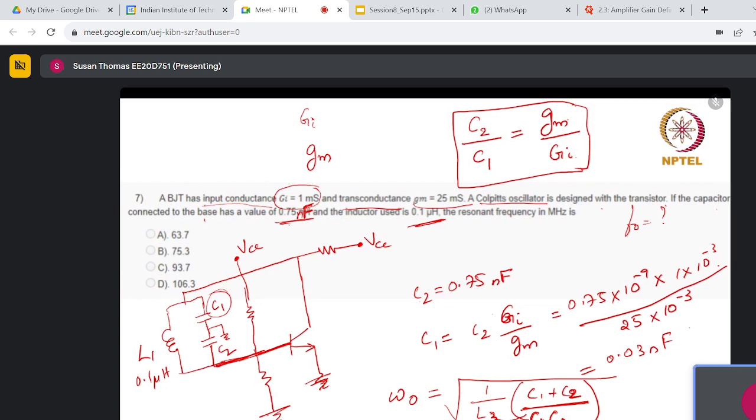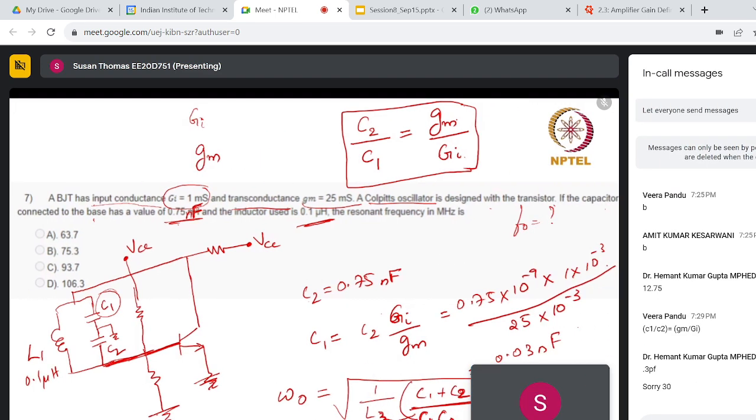Answers for omega naught or F naught? Ma'am, in the formula there is L3. Oh, it's not L3, it's just L1. The inductor is only just one.